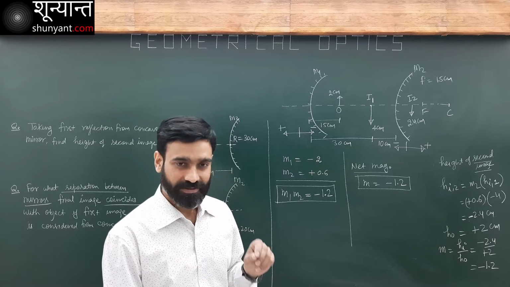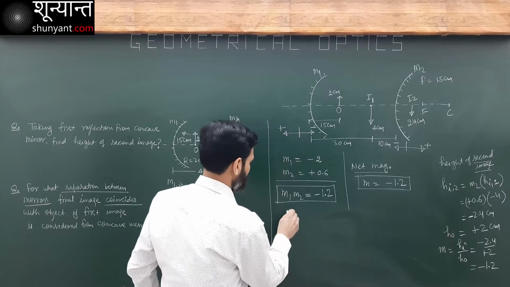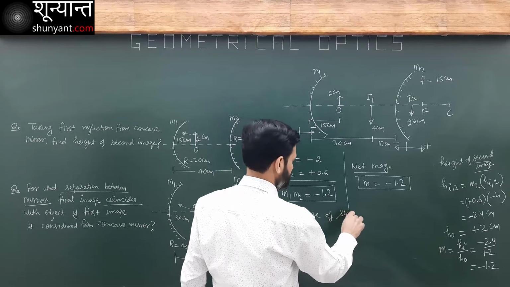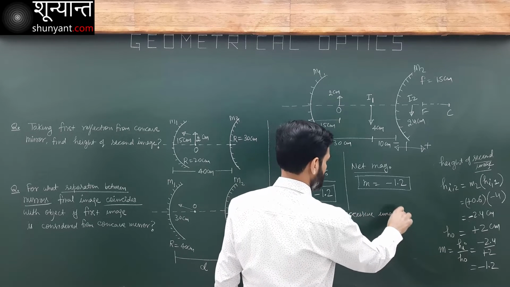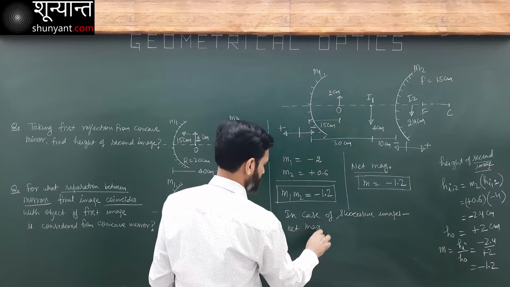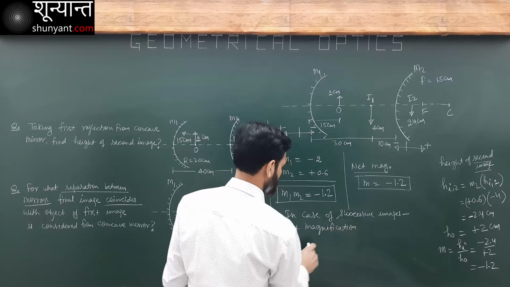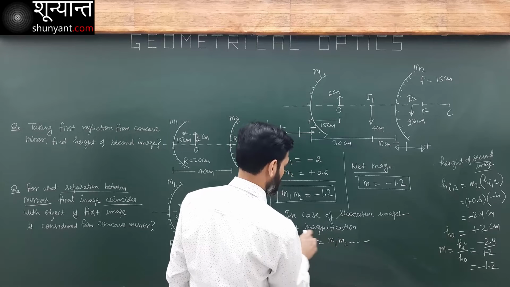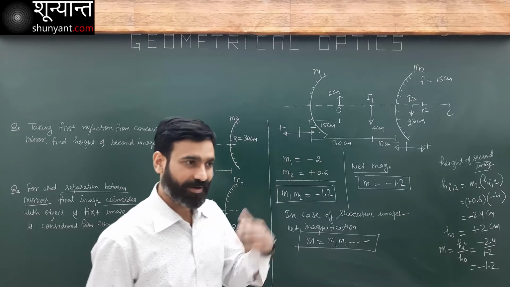In case of successive reflections, in case of successive images, the net magnification M is equal to M1, M2 and all that. Successive, one after another.